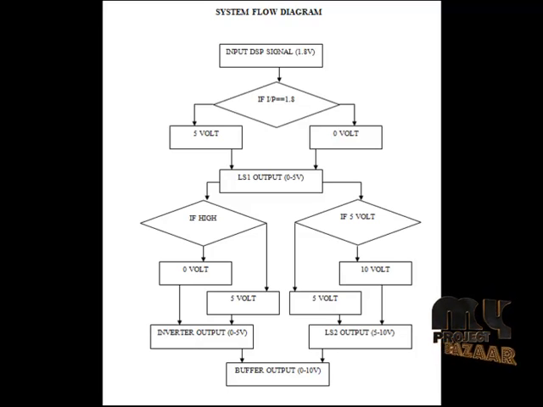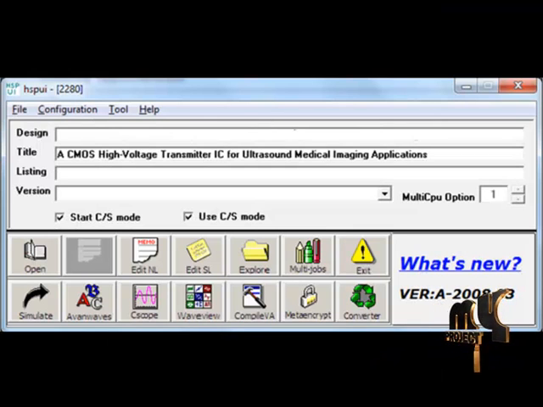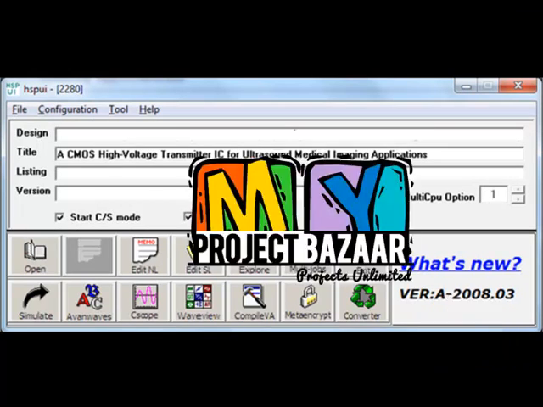In comparison with previous high voltage transmitter designs using DMOS devices, the core area including the output driver and the two level shifters has been dramatically reduced. Now I am going to explain the running procedure of our project.